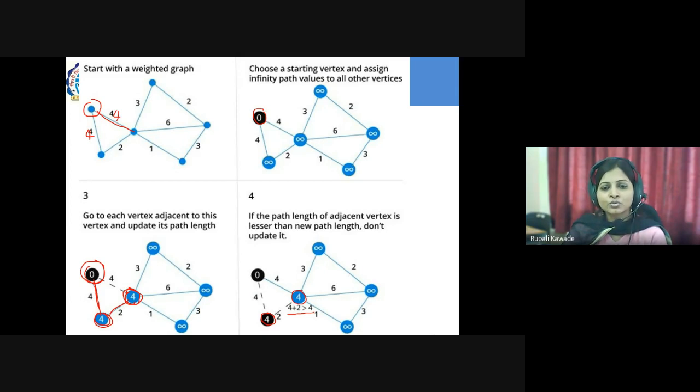So we will choose this path instead of the second path. We have to choose the smallest length amongst the routes. So for this particular node, we will not update its weight to 6. Instead, we will keep it as 4 only.